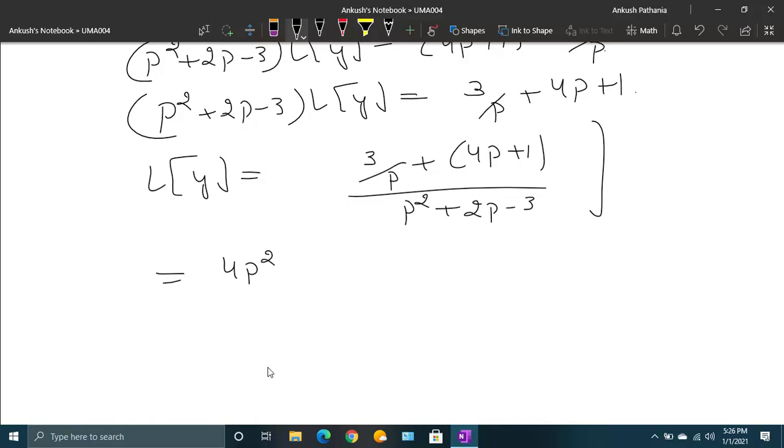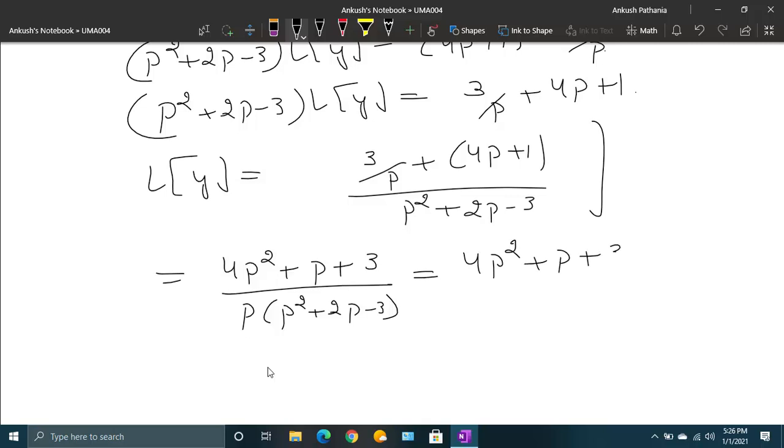This is (4p squared plus p plus 3) upon p times (p squared plus 2p minus 3), and I can write it further in the factor form, p minus 1, p plus 3. I am writing it in the factor form, you will know very shortly. So this is Laplace y.